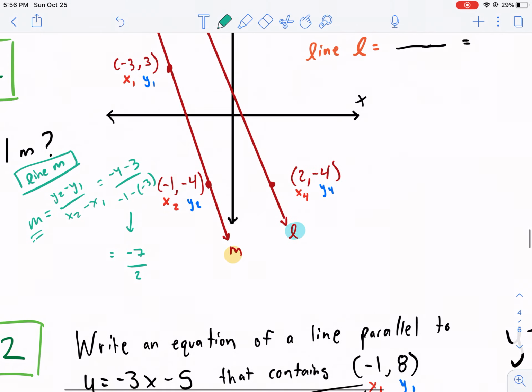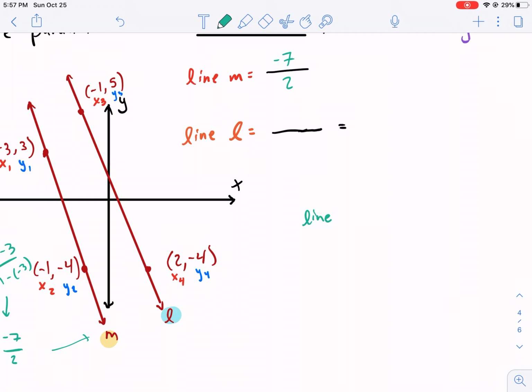I have to do the same thing for L. Normally the equation is y2 minus y1. I labeled these x3, y3, x4, y4 just to show you it doesn't matter what they're labeled. We just take the difference in the y's over the difference in the x's.